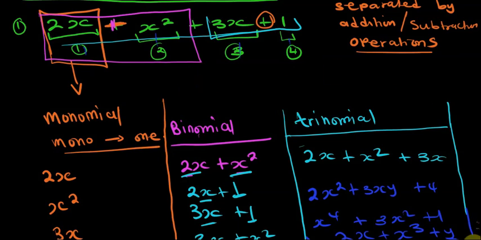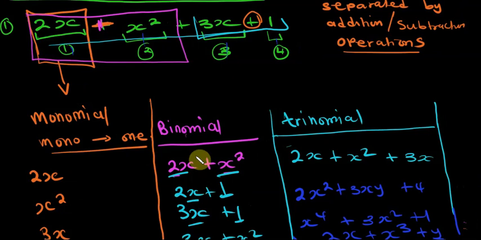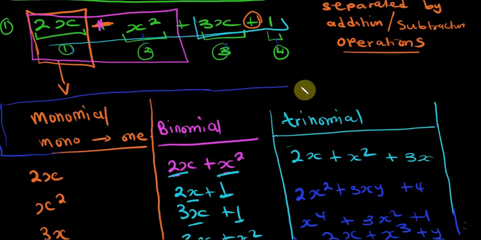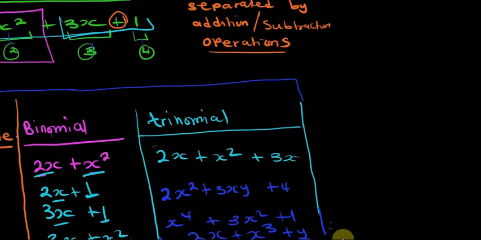So all these expressions are polynomials of different numbers of terms. A monomial is a polynomial with only a single term, a binomial is a polynomial with only 2 terms, and a trinomial is a polynomial with only 3 terms. And then you have polynomials with 4 terms, 5 terms, 6 terms, and so on, as many terms as you would like.